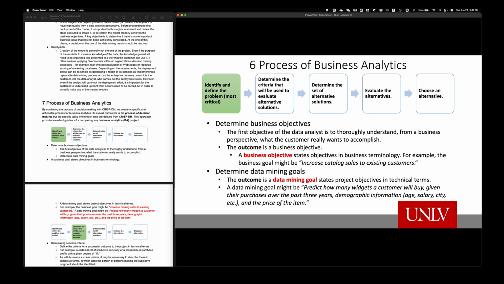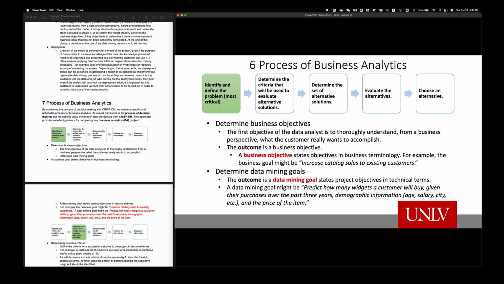The business objective focuses on the purpose. It ensures that the entire analytics project is aligned with the company's priorities, strategy, and needs. Whereas the data mining goal is the technical translation of the business objective.